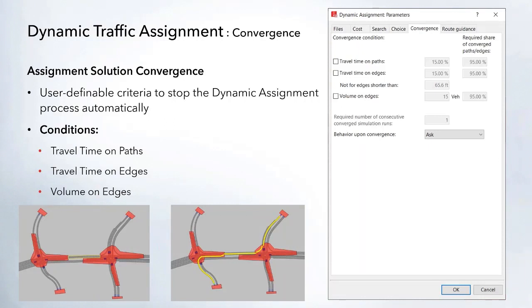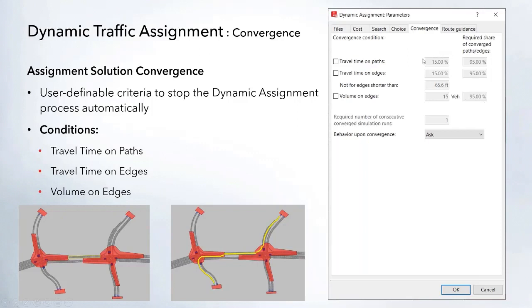There are a few different conditions you can set. The first one is the travel time on the paths as a whole. And then you can also look at travel time along the edges and volume on the edges. Over here on the right-hand side is where you can set up the percentage of paths or edges that are required for convergence to be met.